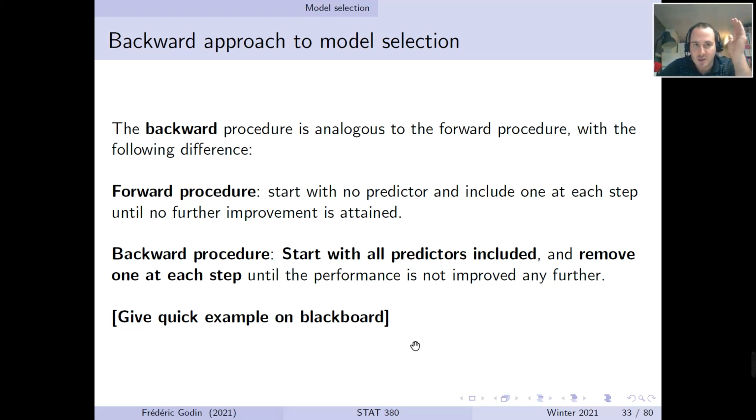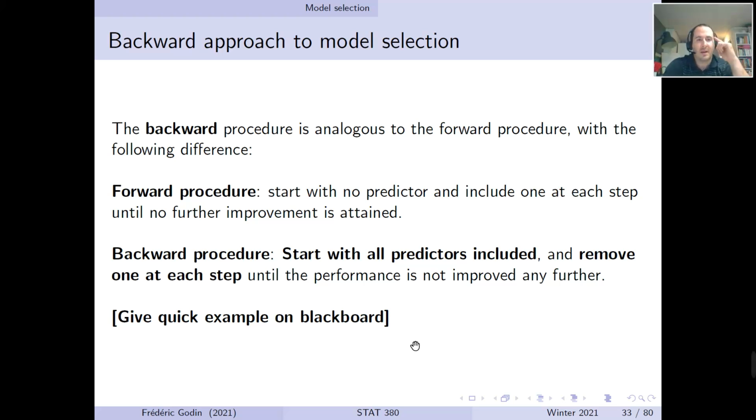If it doesn't, then you stop there and keep all parameters. Once you have p minus 1 parameters, you try to drop a second one and then a third one, until at some point you end up not improving the performance of your model by dropping parameters, and then you stop there.